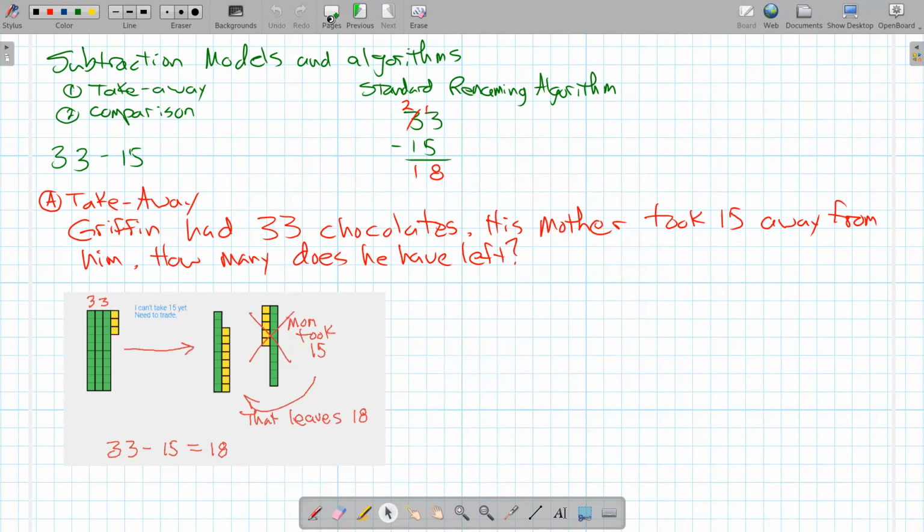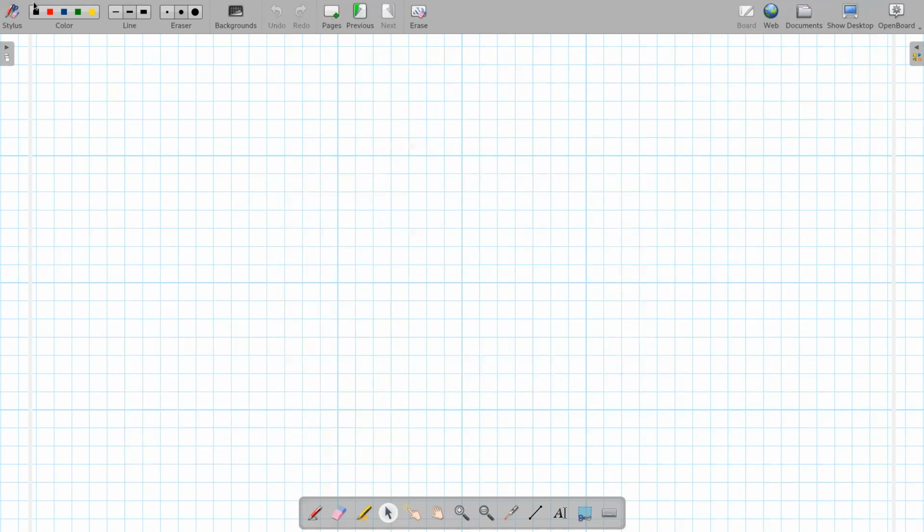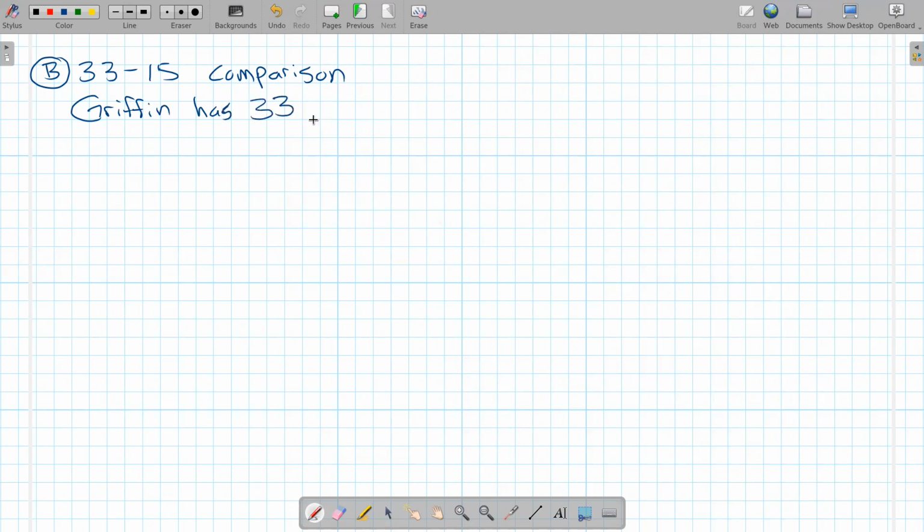Let's get a new screen. All right, so new problem. B, my problem for 33 minus 15 comparison. So you got to come up with a story. So I'm going to stick with the Halloween theme, and let's stick with Griffin. My buddy Griffin has 33 Pokemon cards. Oh, I said I was going to do Halloween, didn't I?